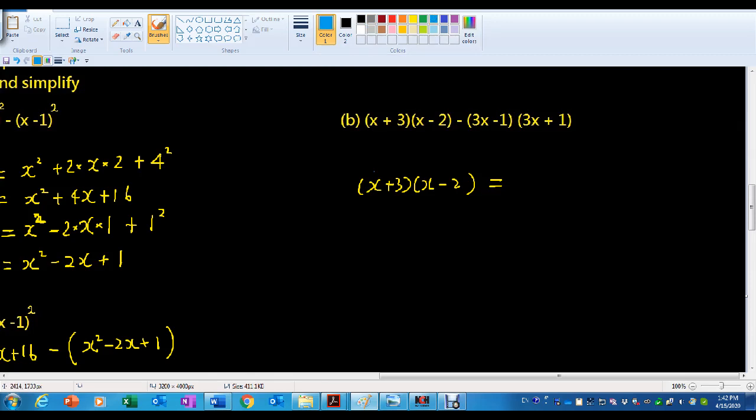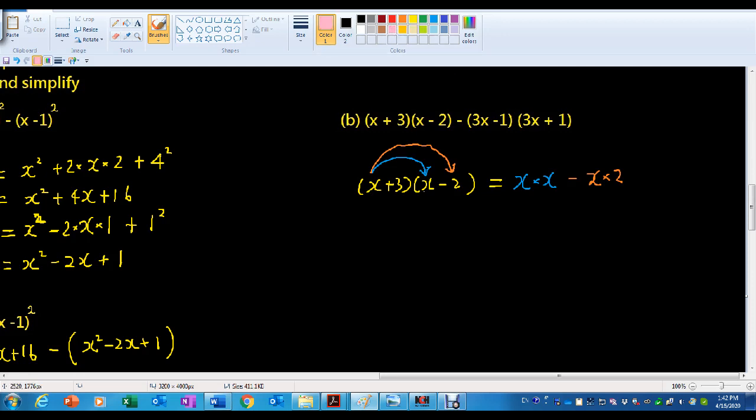Okay, remember the FOIL? That's first, x times x. And then you move to the next term. That's outer, right? x times minus 2. That's positive and negative, so it becomes negative.